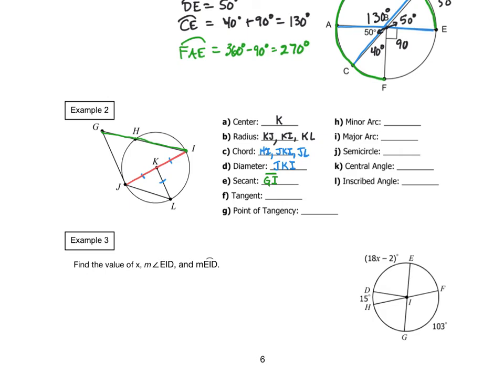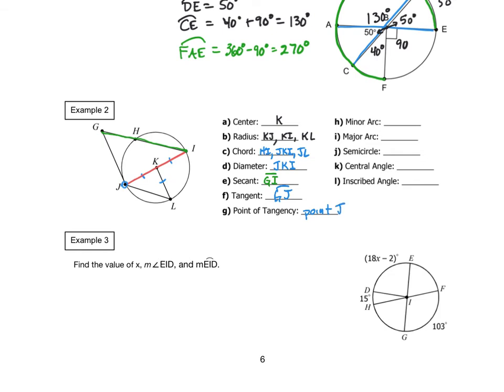So a good example here might be this point J. We don't know that it goes anywhere inside the circle, so it goes from the outside, and I'm assuming it just touches at that one point. Or should I say not the tangent? The tangent is actually GJ, right? Segment GJ. The point of tangency is going to be point J.